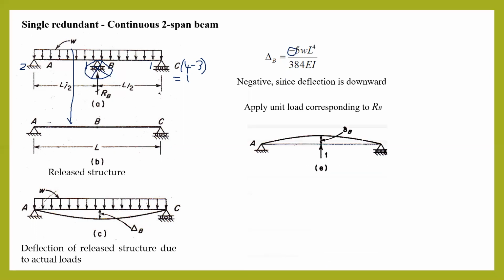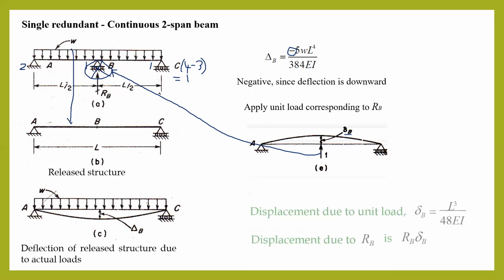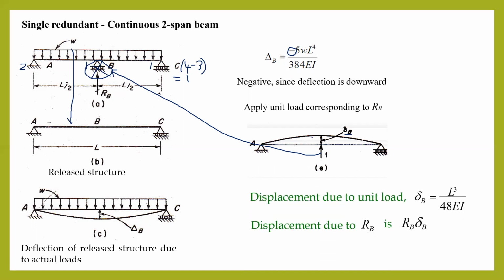Okay. Now what are we doing? We are trying to apply the unit load in the direction where we have released the support. Because we have released it there, we are applying the unit load. The corresponding deformation will be capital delta B, the displacement due to unit load. So this looks like a simply supported beam with point load at center.